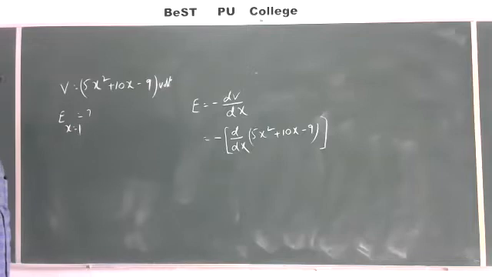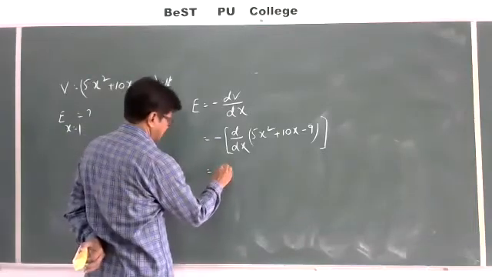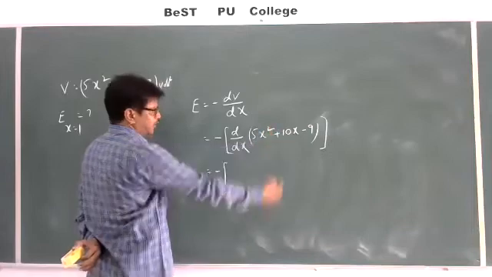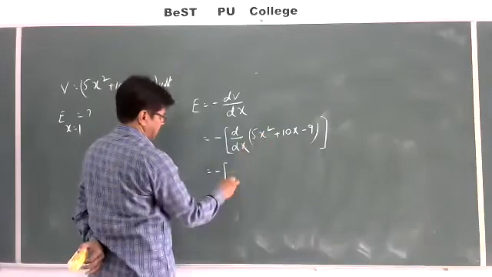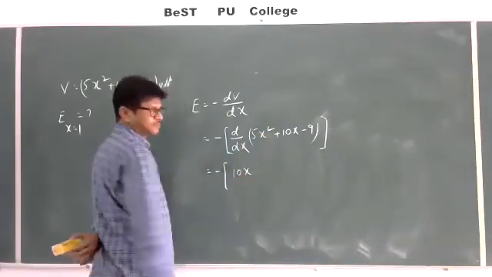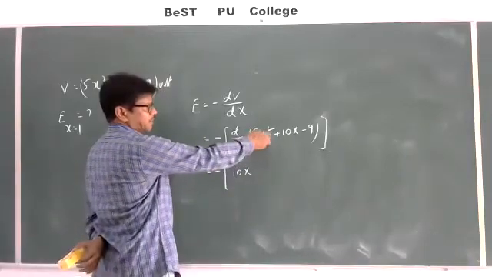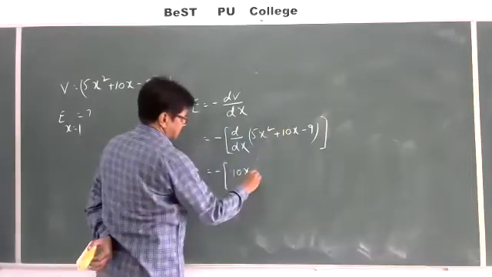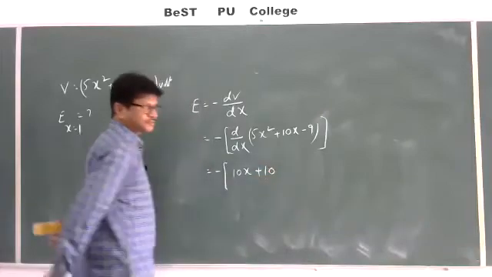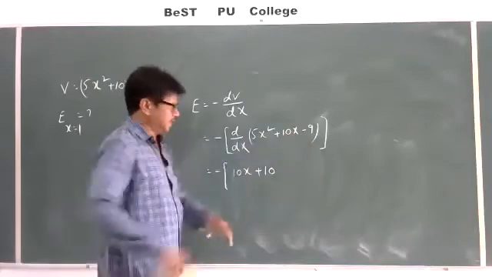So you know how to do the differentiation. 5x square differentiation with respect to x is 10x. X to the power of n formula, n into x to the power of n minus 1. D by dx of 10x is 10. D by dx of 9 is 0.